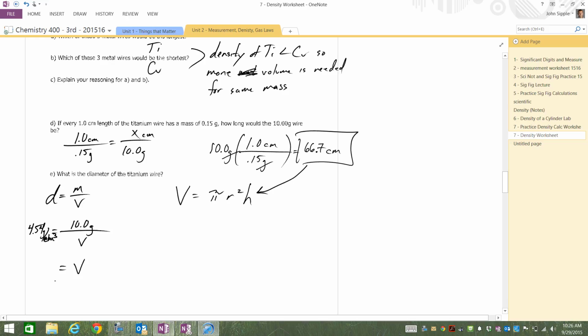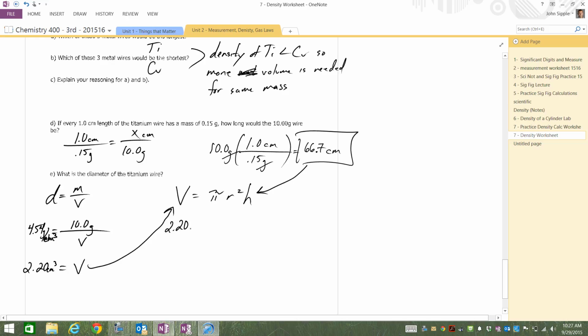So V is equal to 10.0 grams divided by 4.54. So I got 2.20 centimeters cubed. That's my volume. So then I can just plug that guy in right there. All right, and then we just kind of plug in and chug it.